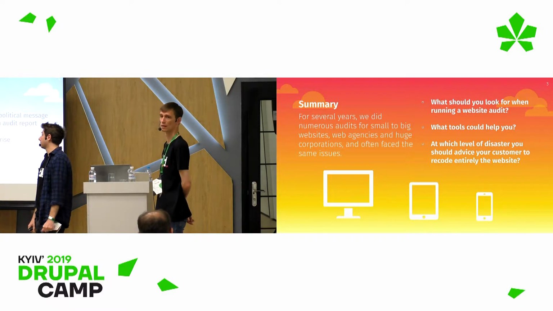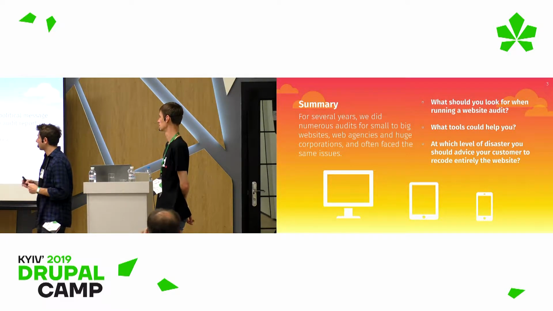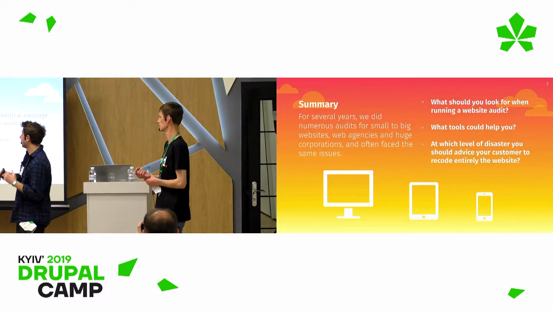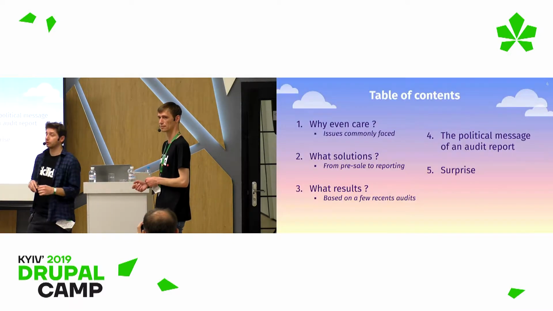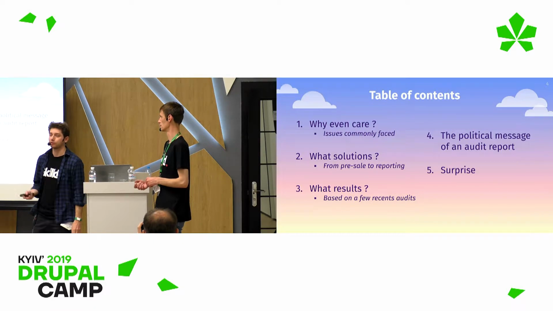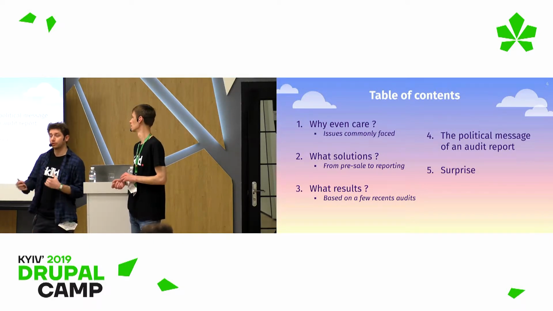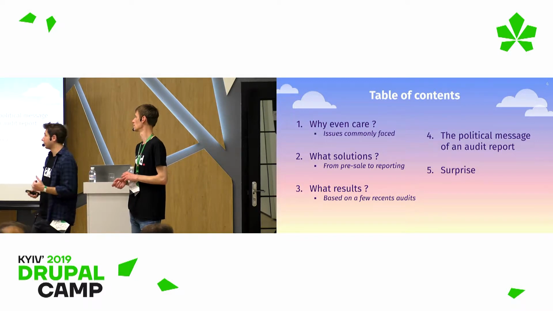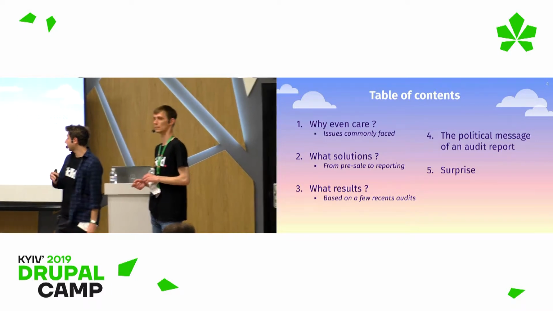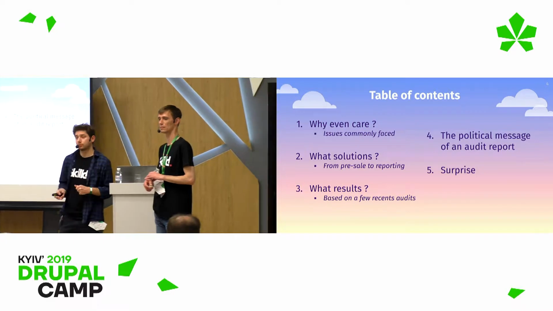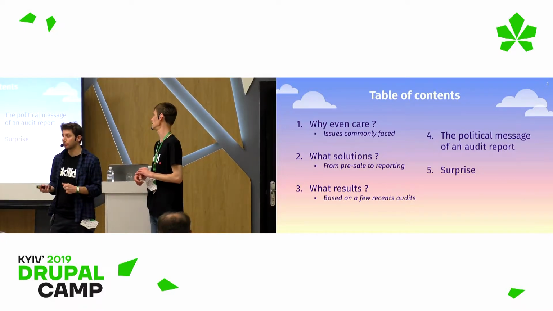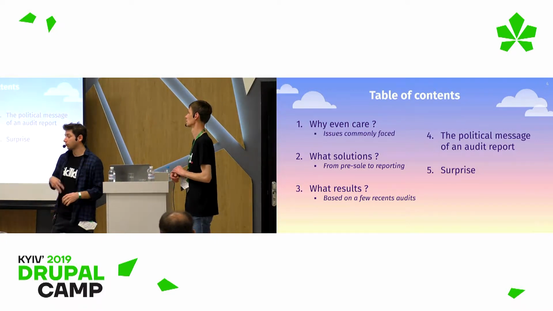So let's see in more detail what we will talk about. At first, we will summarize the common issues that we face when we conduct an audit, not only on the technical level, but also on the management and political level. Then we will check what solution we tried to put in place in our company in order to make audits more efficient.